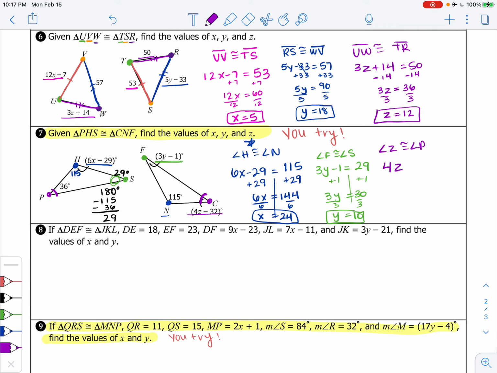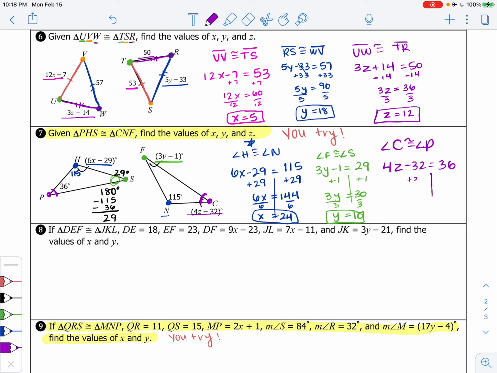Man, I should have said C. C's and Z sound so alike, don't they? Angle C is congruent to angle P. And now angle C is 4z minus 32. And set that equal to 36. There we go.